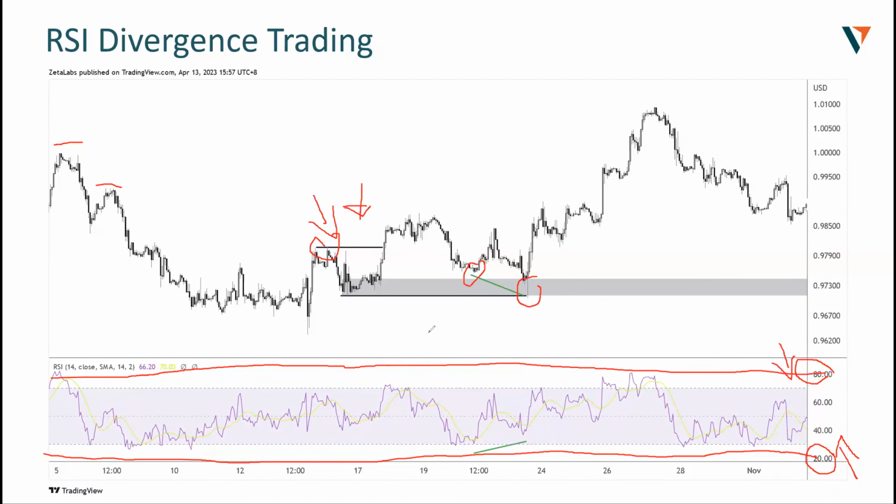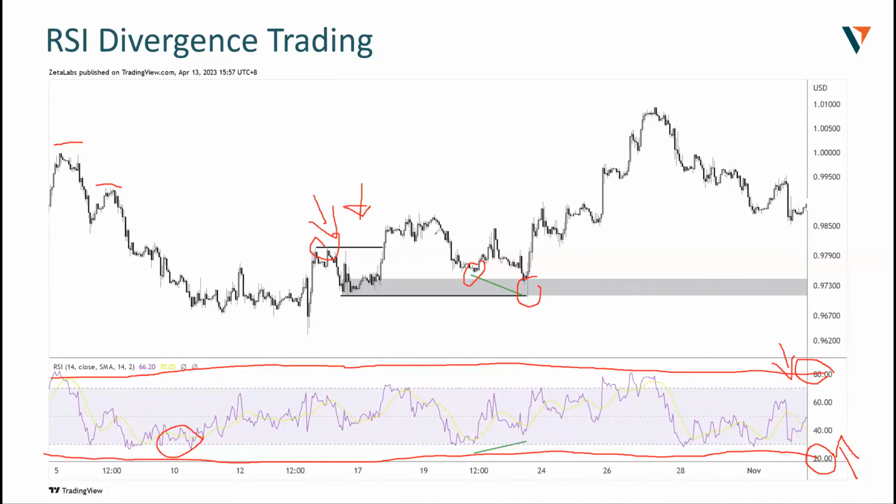So if you're in a downtrend, you're looking at an exit of the overbought region to continue to the downside. If you're in an uptrend, you want to focus on an exit of the oversold region for continuation to the upside. Okay, so this is just something for us to watch.